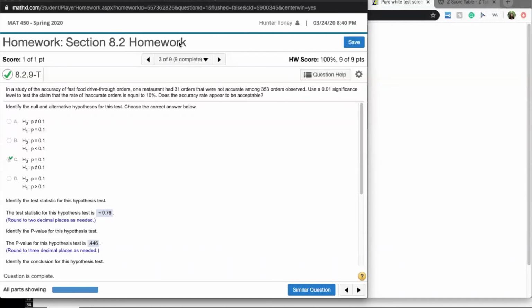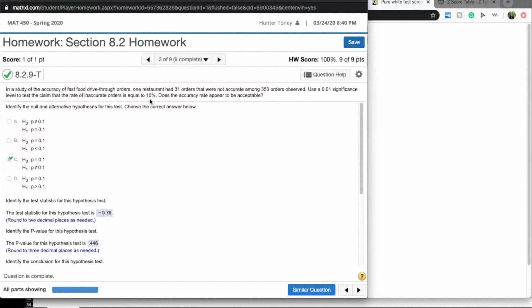And for the last portion, they want us to test the claim that the rate of inaccurate orders is equal to 10%. Whenever we're making hypotheses, we don't typically use percentages, especially since we're talking about probabilities or proportions.